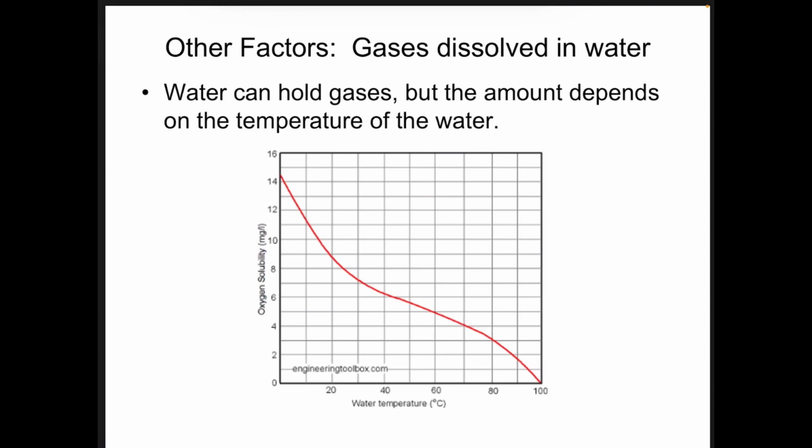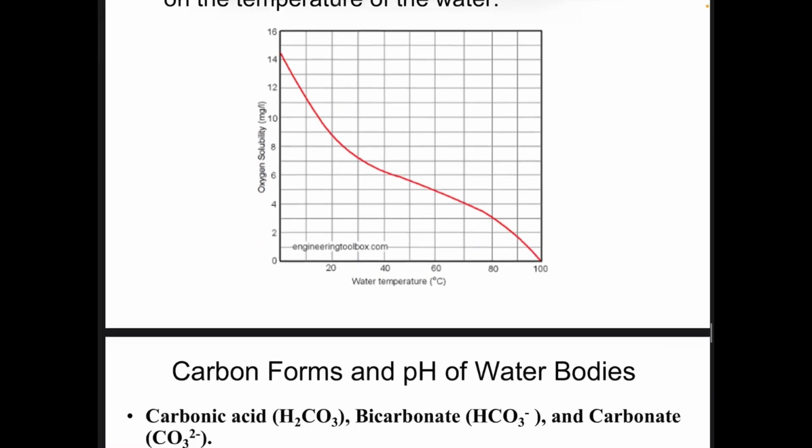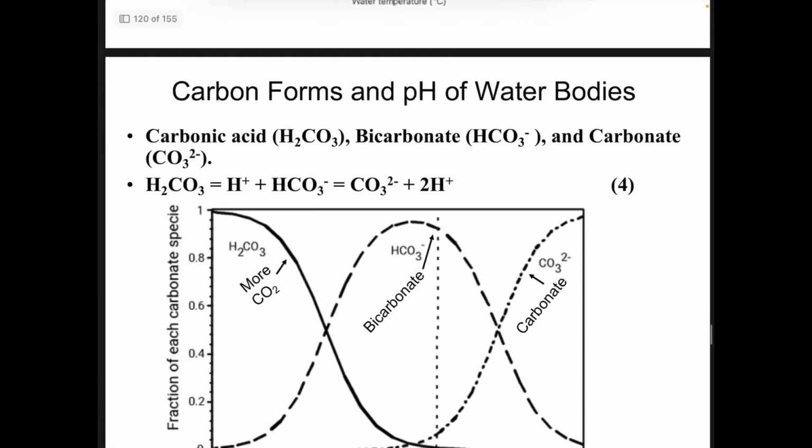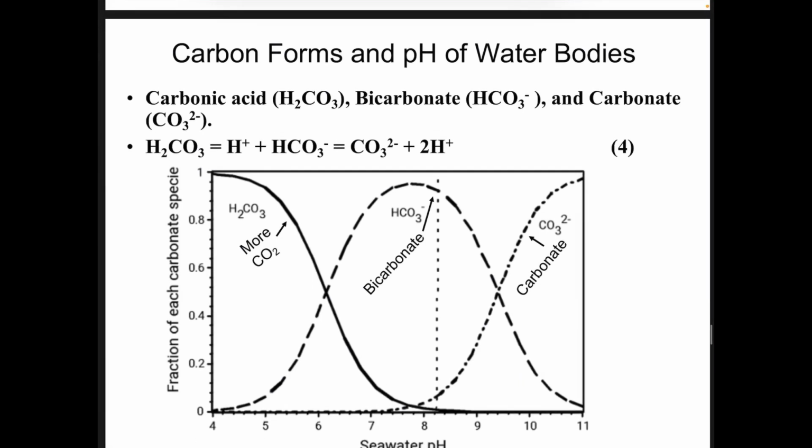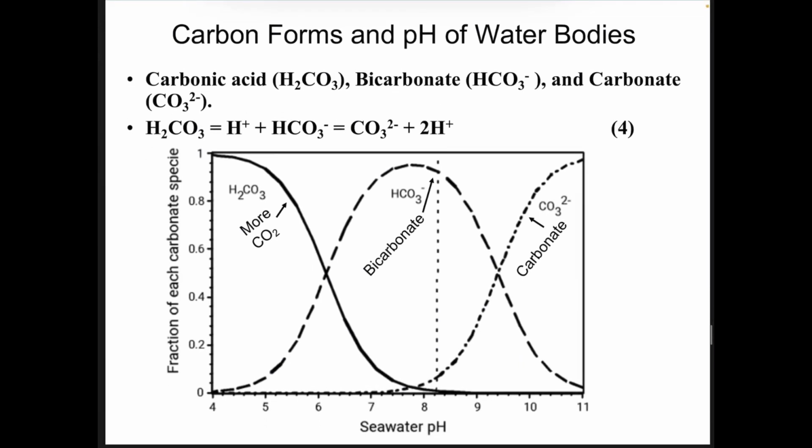That therefore affects marine life or aquatic life. I mentioned earlier that adding dissolved CO2 in water could decrease the pH, making it more acidic. That is because the CO2 forms carbonic acid, bicarbonate, and carbonates.